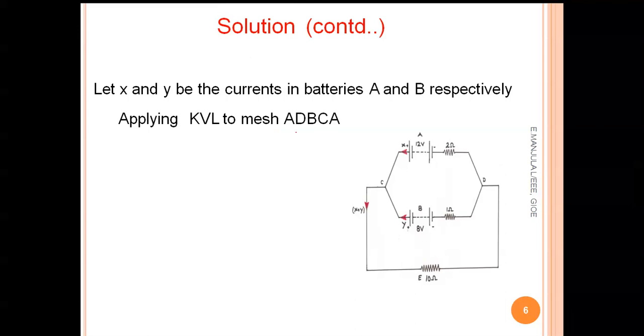Applying KVL to mesh A, D, B, C, A. So this is a loop. And see the current direction is here. The current direction is opposite to the loop. And this is a battery. See, the battery is going from the negative, in the opposite direction.